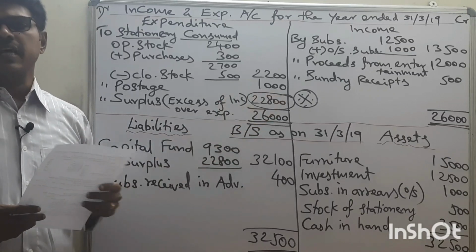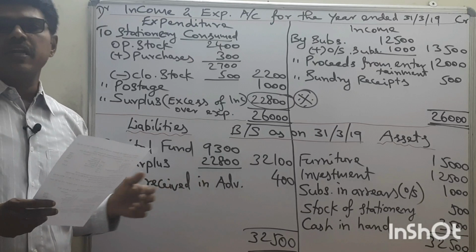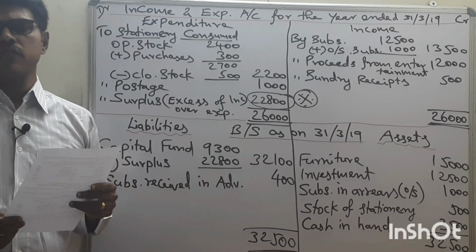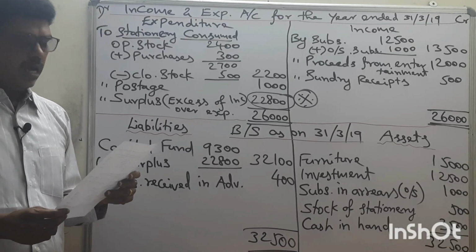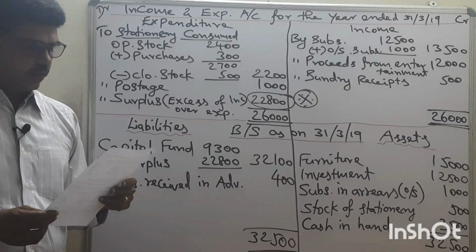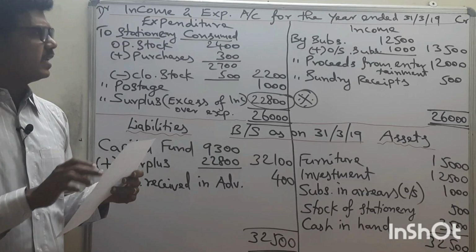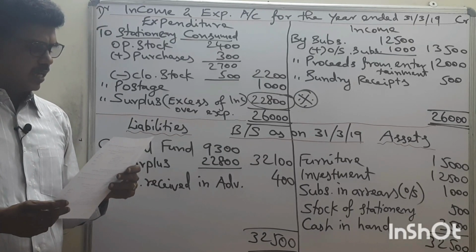It cannot be treated as current year income. It should be treated as a liability. Whenever some amount is received in advance, it should be treated as a liability until the due date arises or until the next period for which the amount is received. So 19-20, 400 will not affect the current year income and expenditure account.